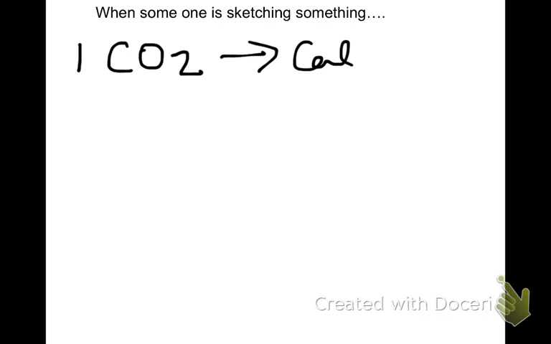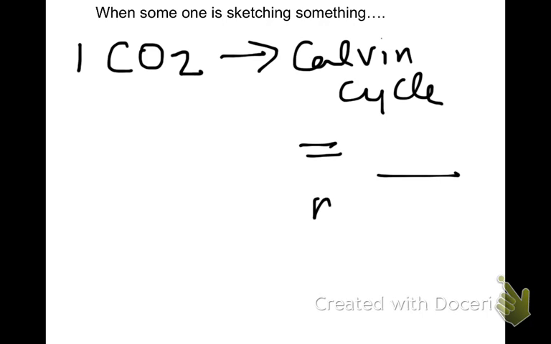My point being, when you have one carbon dioxide molecule entering the Calvin cycle and going through the process, you get something, but it's not clear what you get. The second one gets in, it's still not clear.